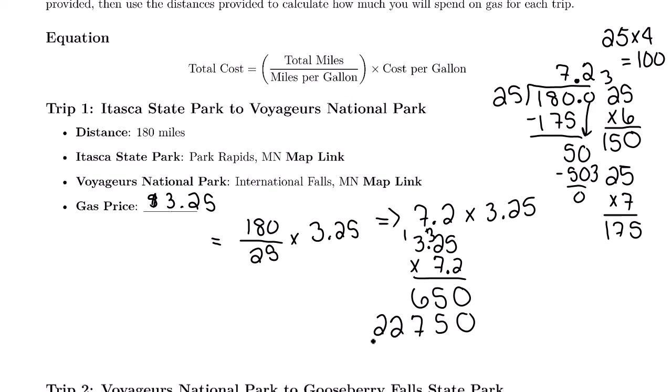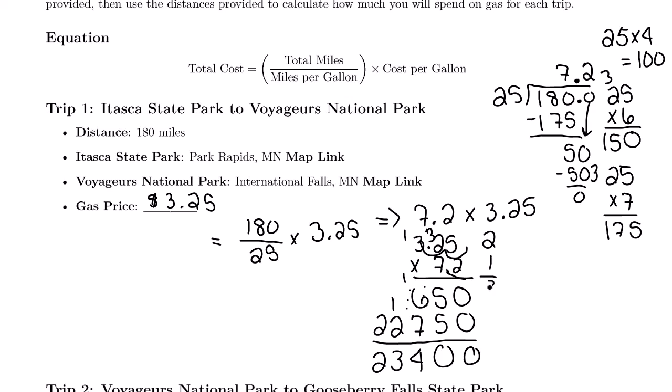All right, now we're going to add straight down. We have a 0. 5 plus 5 is 10. 7, 8, 9, 10, 11, 12, 13, 14. Then a 3, 2. Now we have to count our decimal places. We have 2 decimal places here and 1 decimal place here.